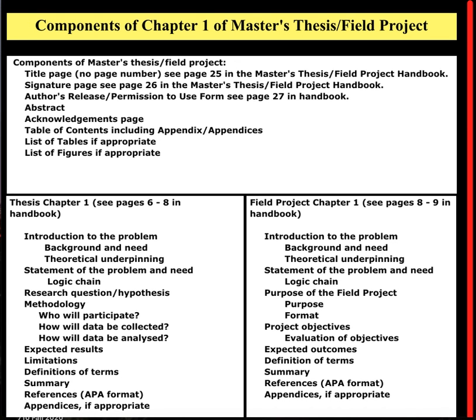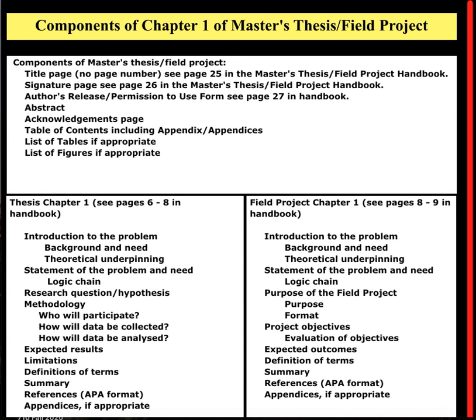You should have a statement of the problem, just like in the thesis, which includes your logic chain. But then you should have a section for the purpose of your field project. And in that, you will define the purpose and the format. What kind of a project is it going to be? Is it a website? Is it a training? Whatever.